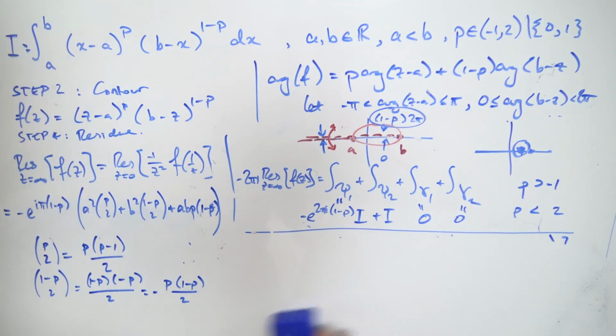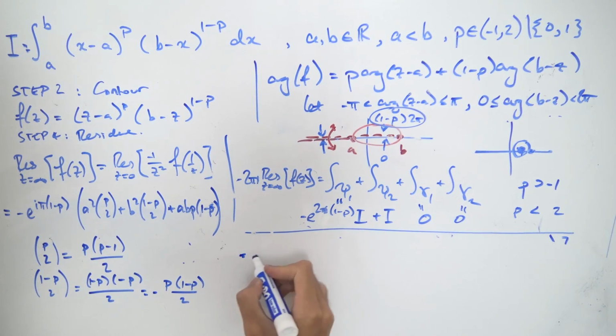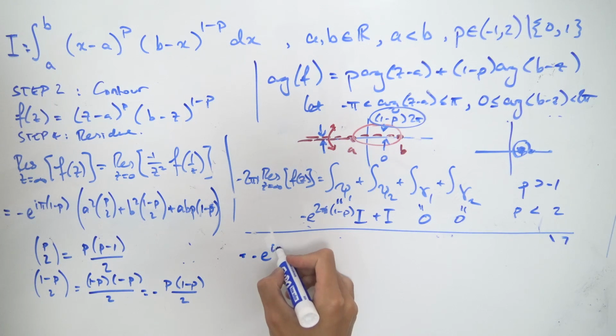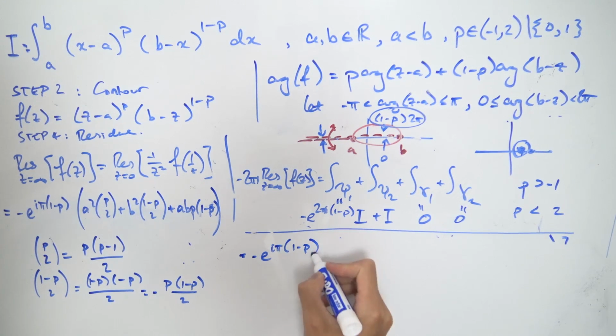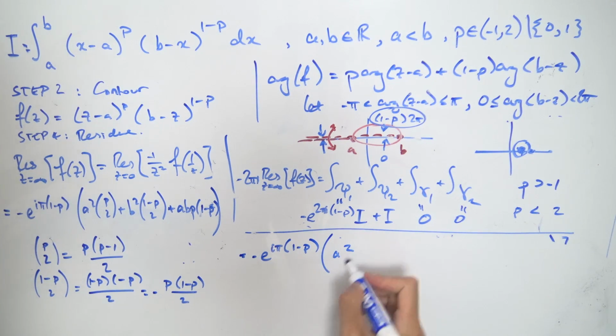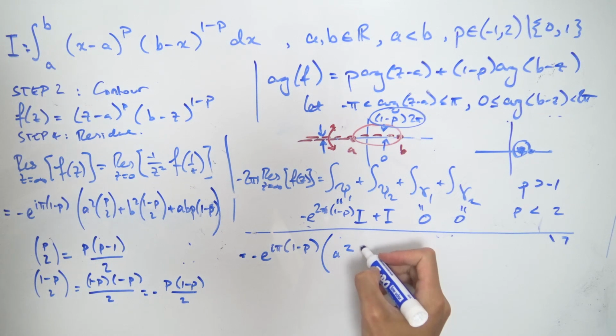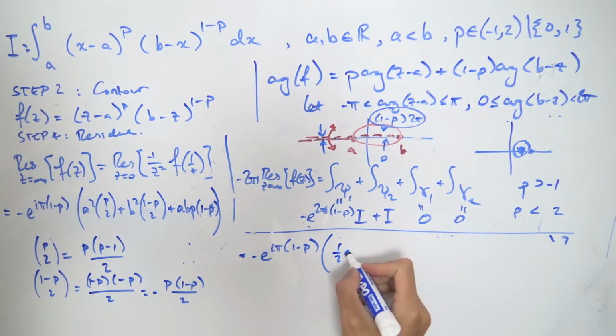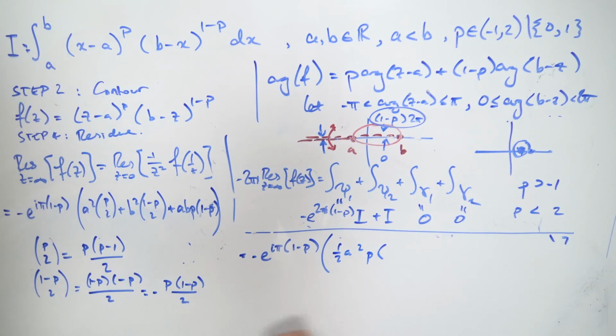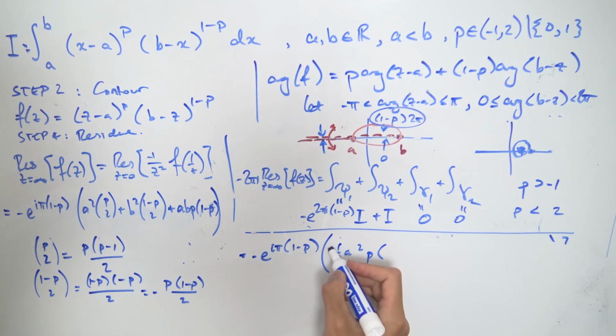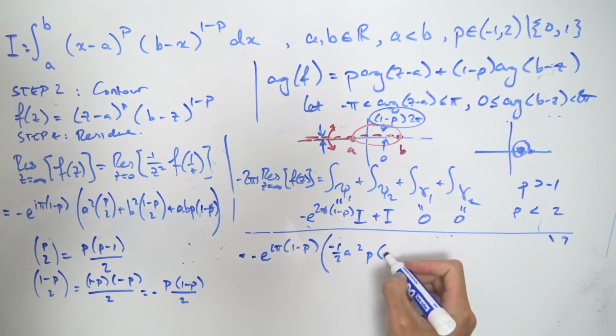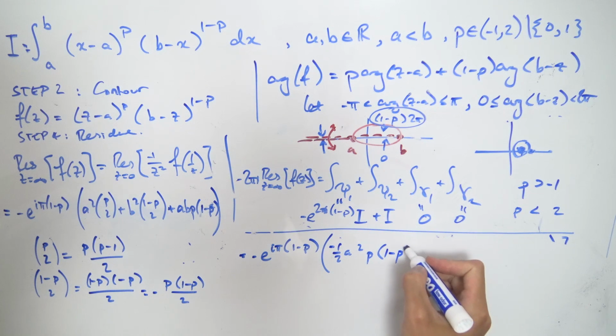Let's move over down here. This is now going to give us minus e to the i pi times 1 minus p, and then we're going to have a squared. p choose 2 is going to turn into, well, 1/2, and then p, and I'm going to write p minus 1 as minus 1 minus p, and we'll see later on why. So we're going to introduce a minus, and then we're going to have a 1 minus p.